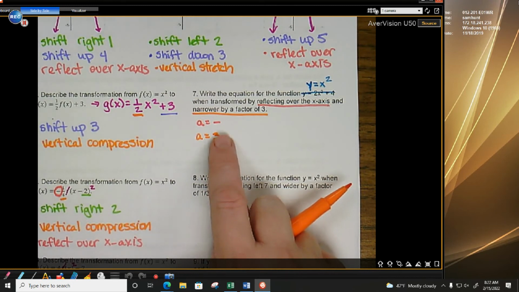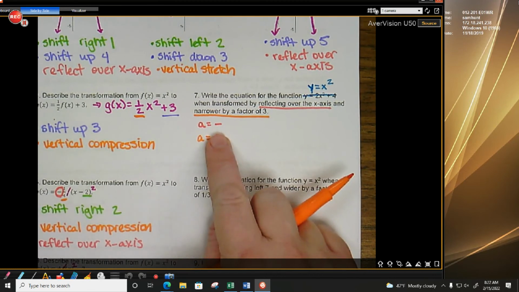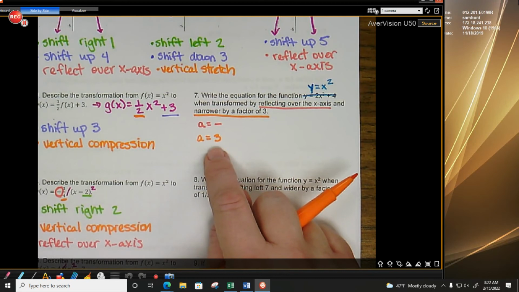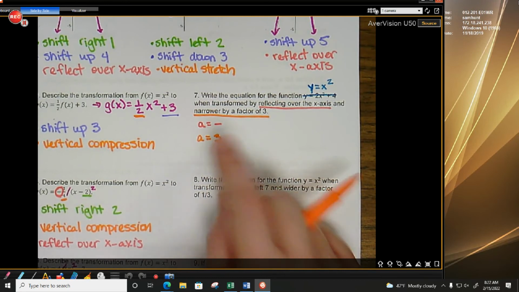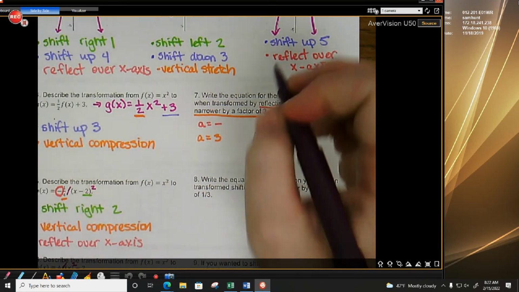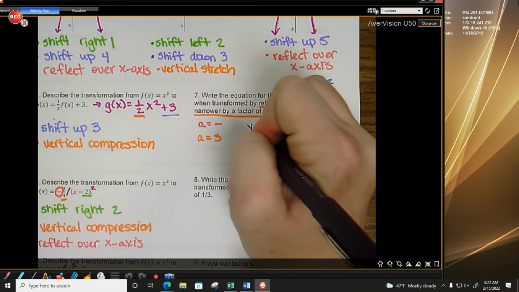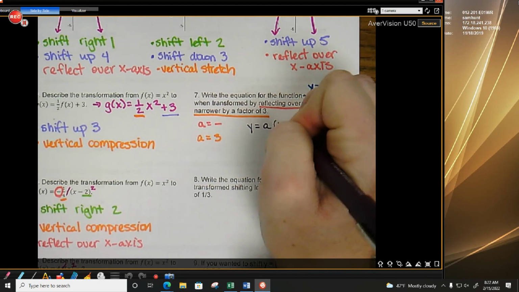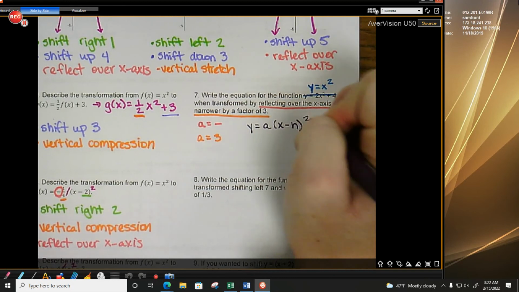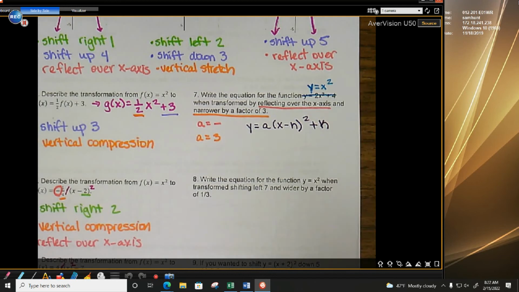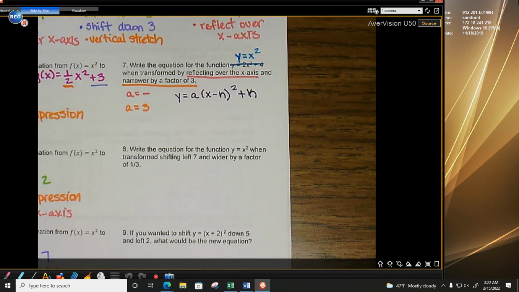So your quadratic vertex form is y equals A times (x minus h) squared plus k. That is on your formula chart. You will have that for your test. Okay, so now I need to write my new equation. Y equals, what did we say my new A is going to be?